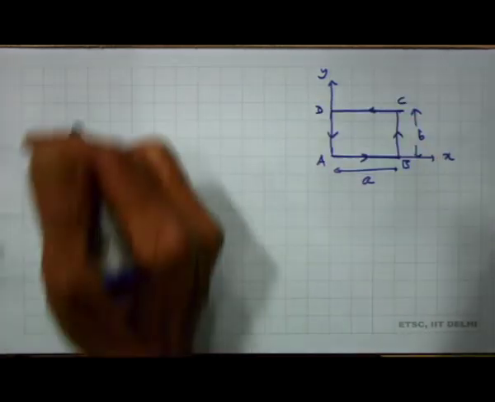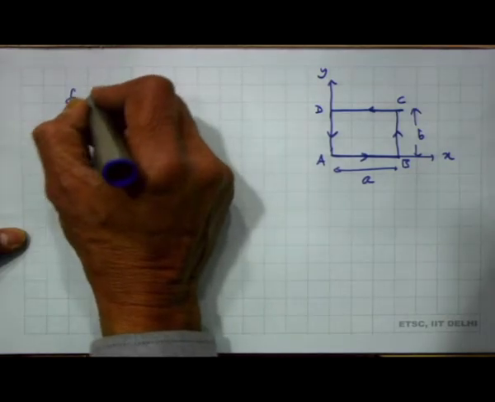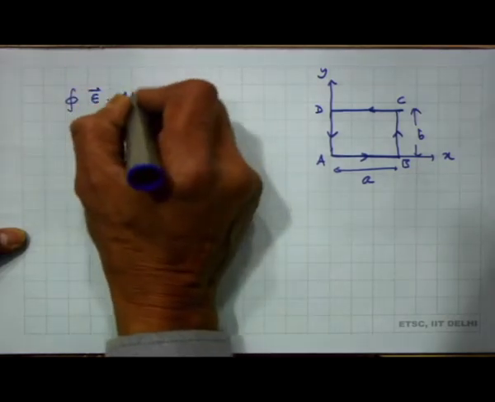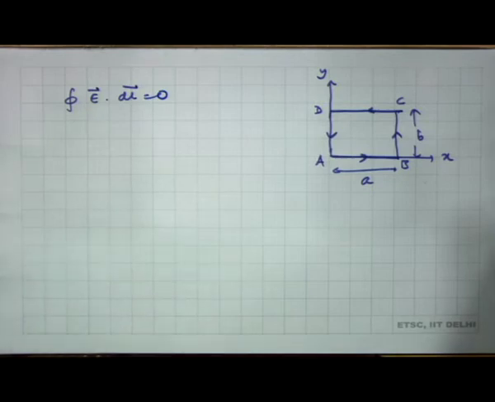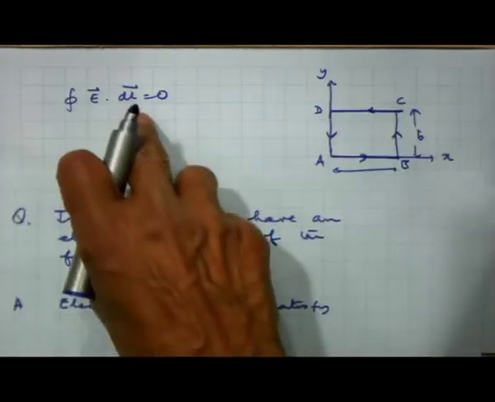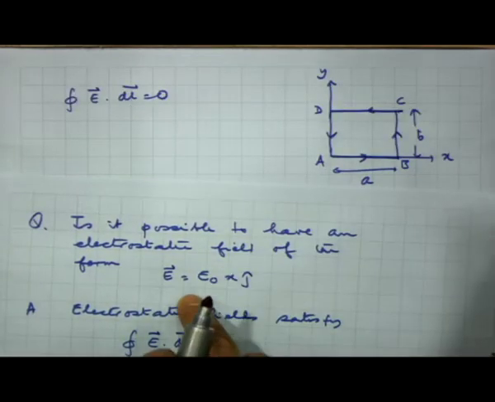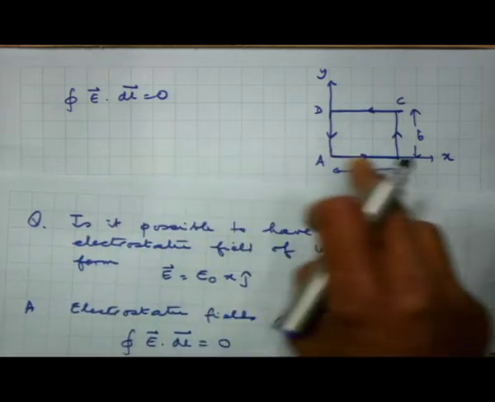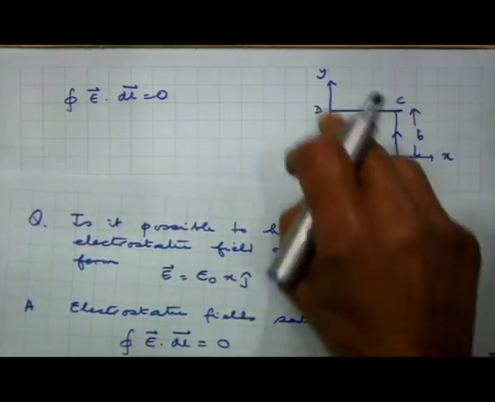So, electrostatic fields must satisfy this equation, integral E dot dl is equal to 0. So, what I would like to do is to use this vector field in this equation, and find out whether this particular field integral E dot dl over this path A, B, C, D, A is 0.